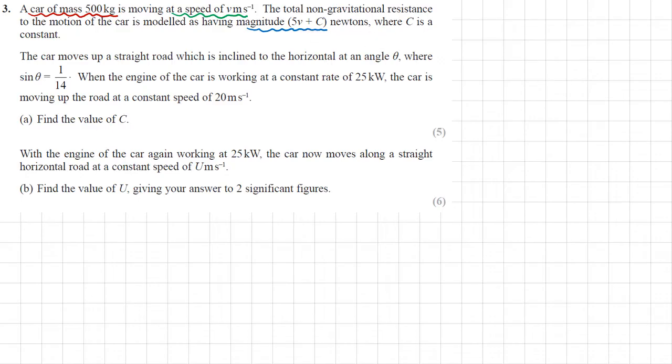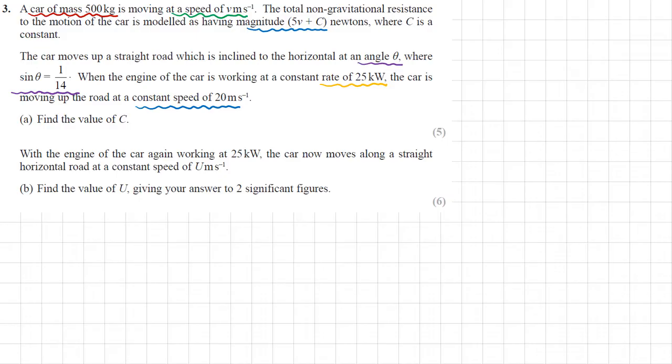It's moving up the road at an angle of theta, and sine theta is 1 over 14. Again, we are not going to work out the angle. We're going to use the exact value of sine theta in our working. We're told the engine's working at a rate of 25 kilowatts and moving up the road at a constant speed of 20 meters per second.